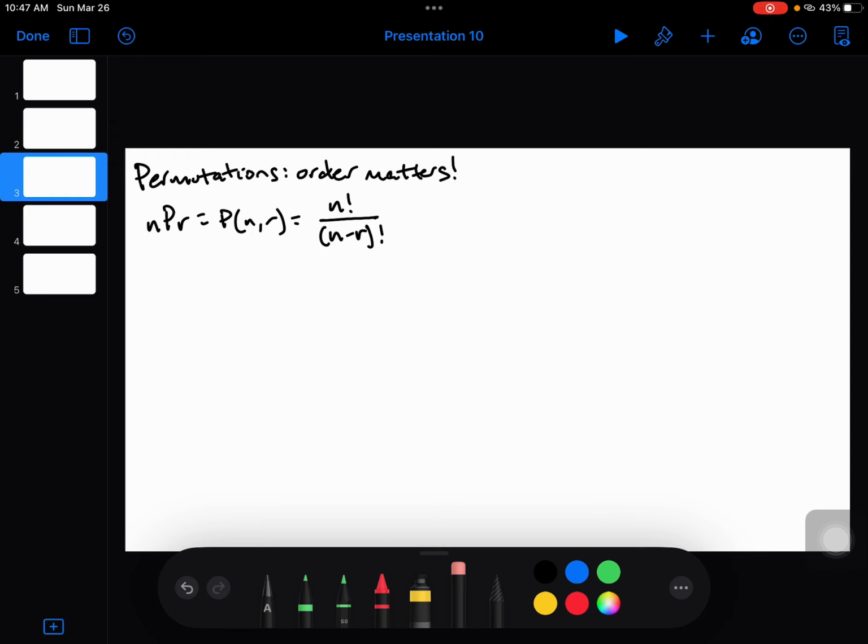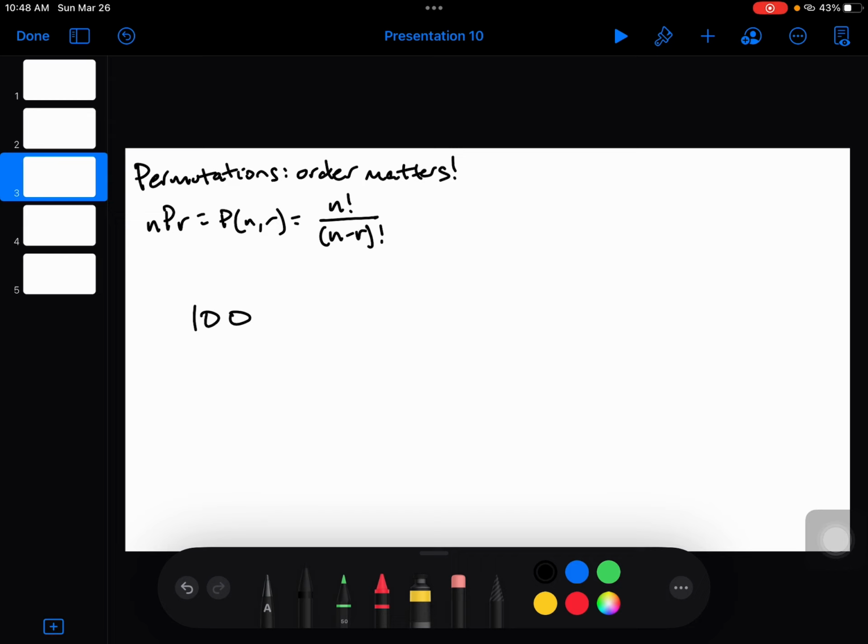Next up, permutations. Permutations are just a further application of factorials, and combinations apply factorials and the counting principle. When order matters, for example, you've got 100 applicants for a job, and you want to know how many different ways you can choose 10 of them. Your first choice is distinct from your second choice, and from your third choice, so order matters.